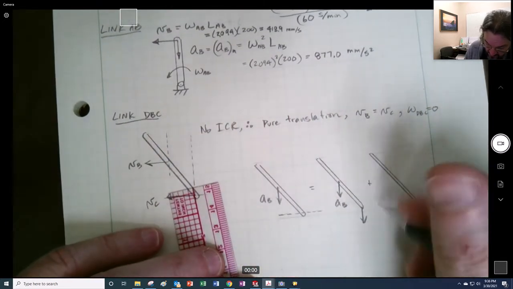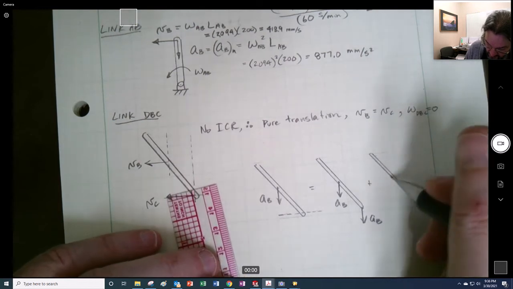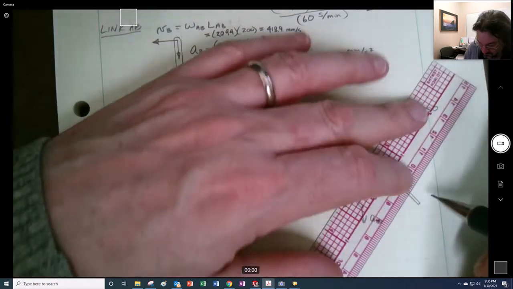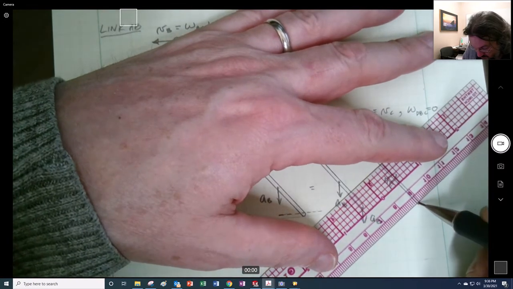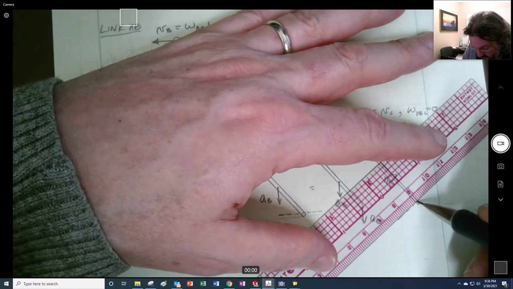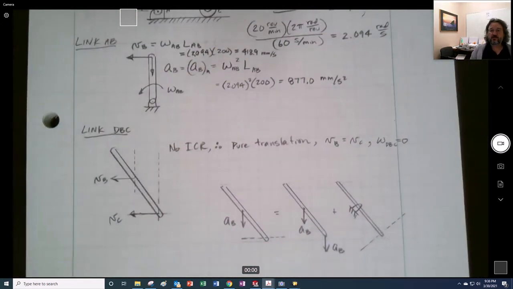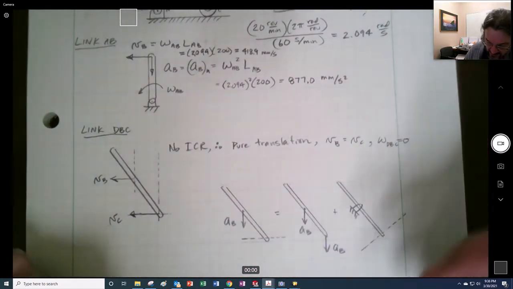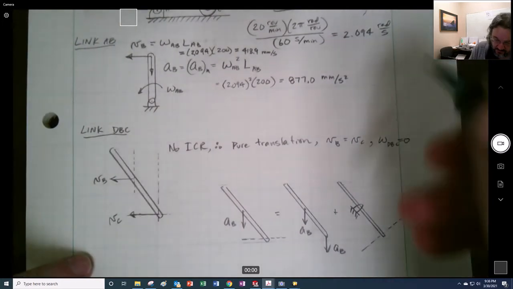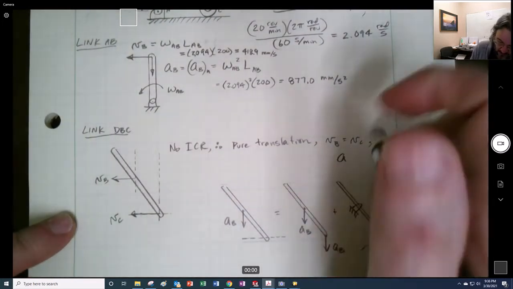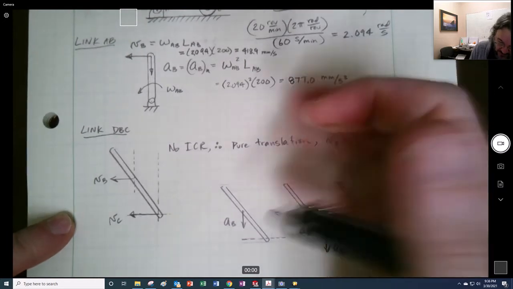Acceleration of B, acceleration of B, and then we're going to pin it and write out its direction for the tangential one, and it has none in the normal direction. So I'll write that somewhere.